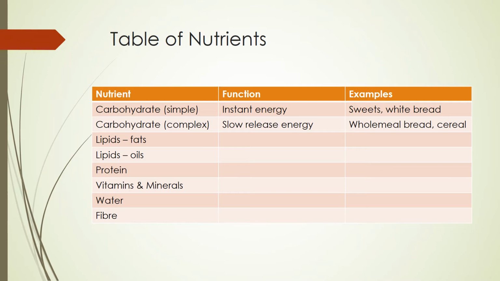White rice is another. And the complex carbohydrates, the ones that keep us full for longer because it takes such a long time to break them down, are things like wholemeal bread and cereals, wholemeal pasta, that sort of thing. Once you've written those down in your table, press the spacebar to move on to the next slide.